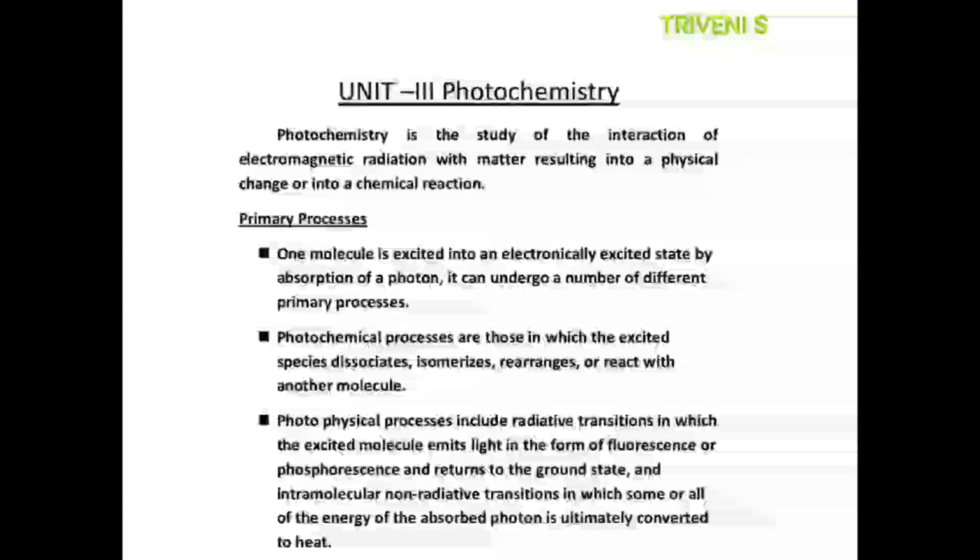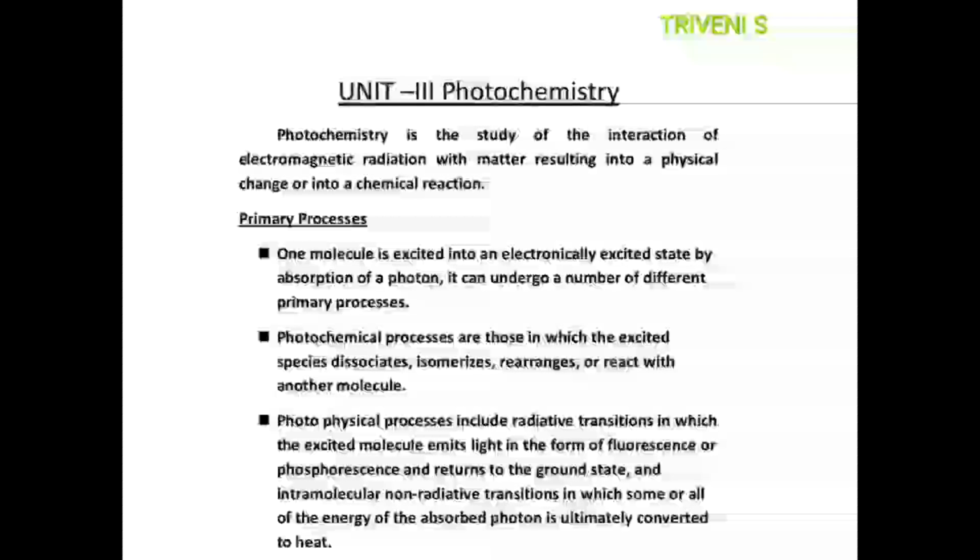So first one is photochemistry. It is the study of interaction between electromagnetic radiation and matter, resulting in physical changes or chemical reactions. So what are the reactions in photochemistry? There are two types of reaction: photophysical reaction and photochemical reaction.